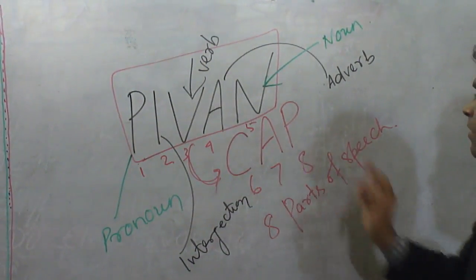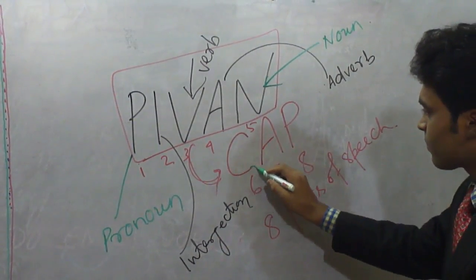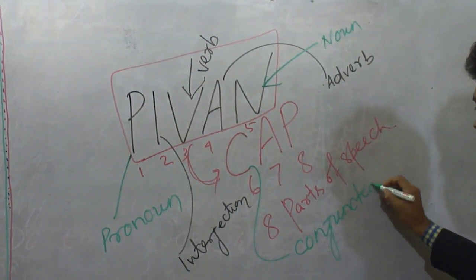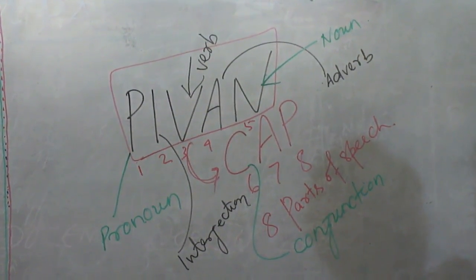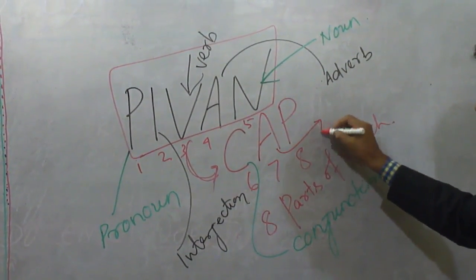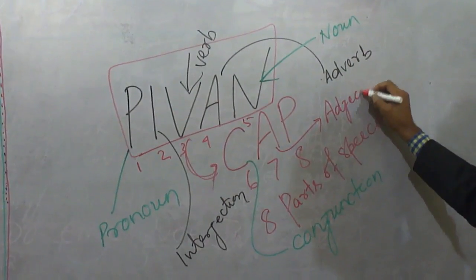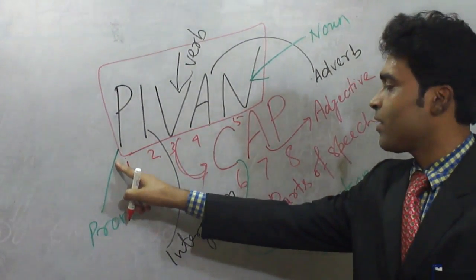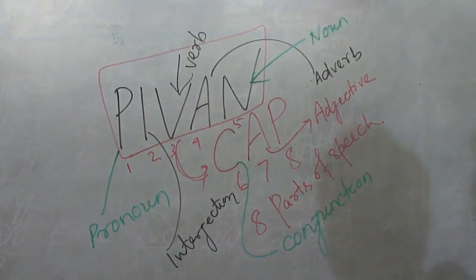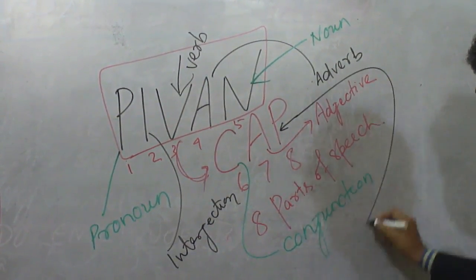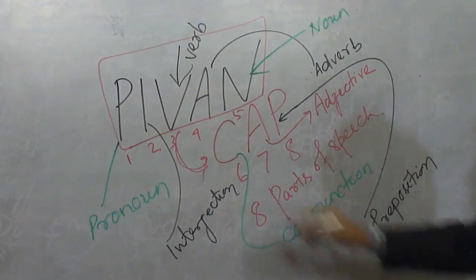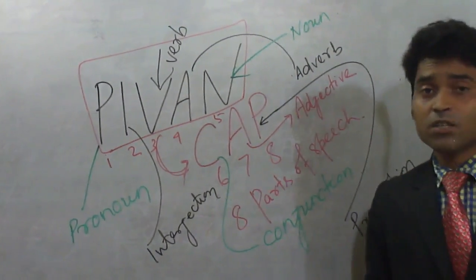And this cap stands for conjunction: C stands for conjunction. And A stands for adjective. And the last one, P: if one P is your pronoun, another P is your preposition. This P is known as preposition. Are you getting my point? So this Pivan cap is all about parts of speech.